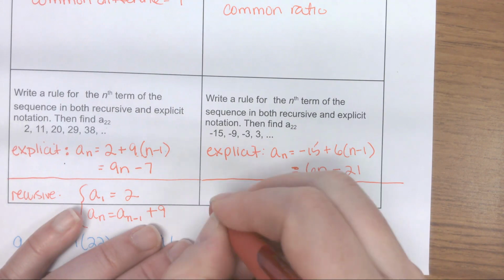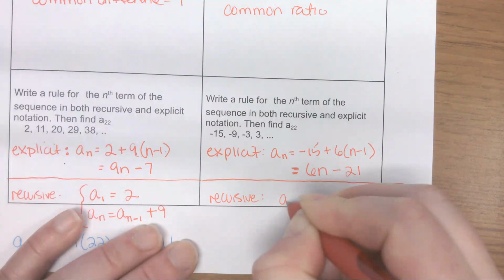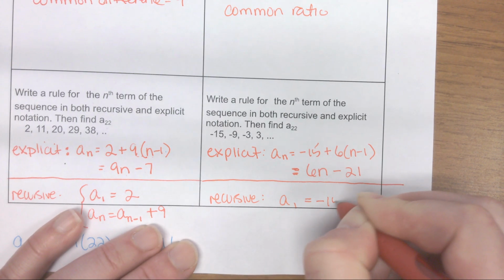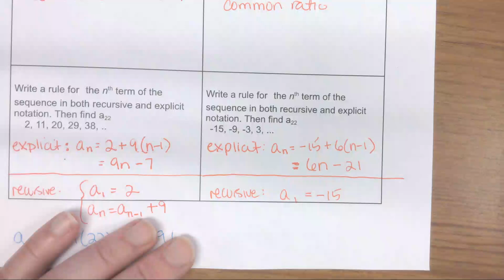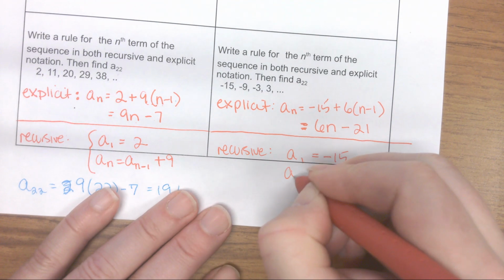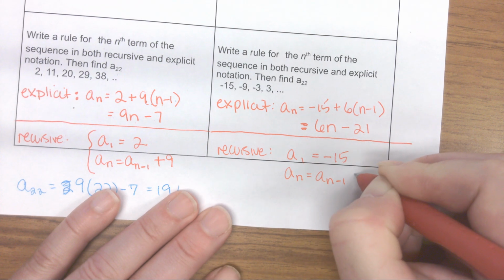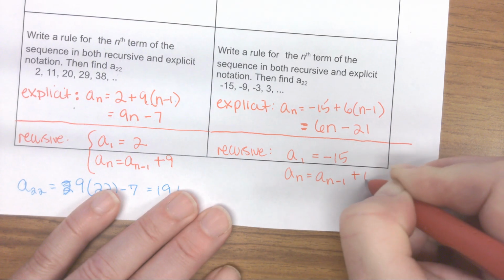Recursive. a sub 1 equals negative 15. a sub n equals a sub n minus 1 plus 6.